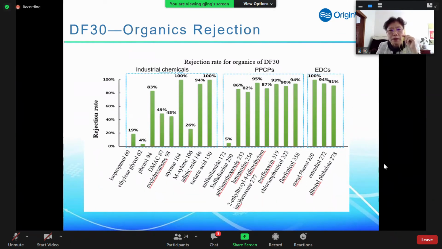From this result, we can see DF30 has done a very good job. At the same time, because we do not want to remove the minerals, we can still keep minerals in our system.